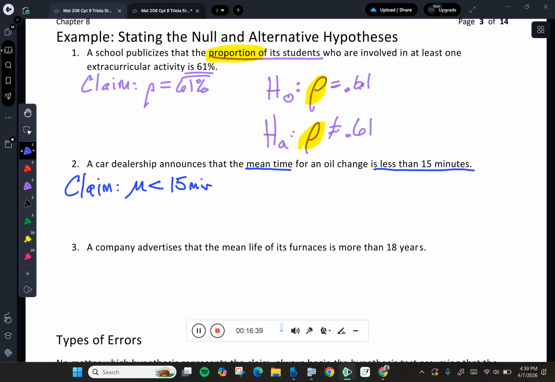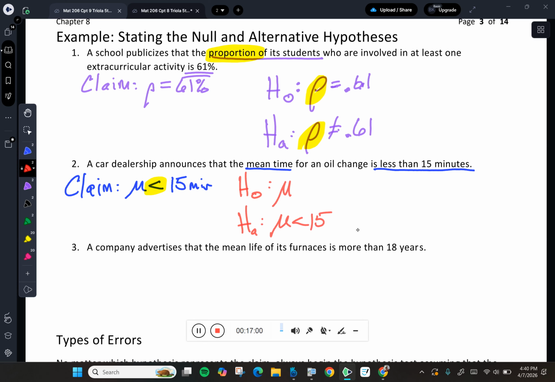Okay. Since our claim is a statement of strict inequality, our claim is going to be the alternate hypothesis. Our alternate hypothesis then is going to be that the mean is less than 15 minutes.